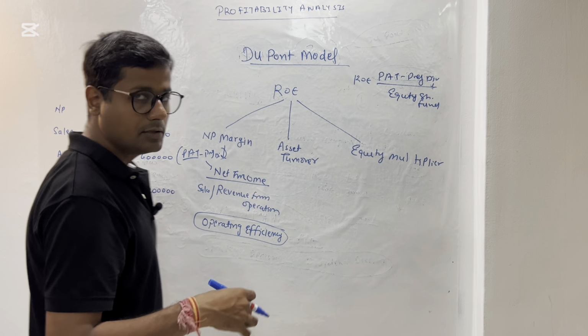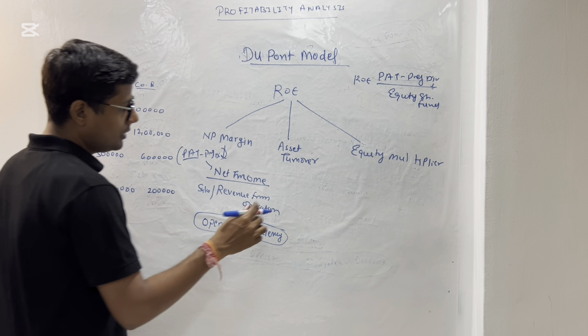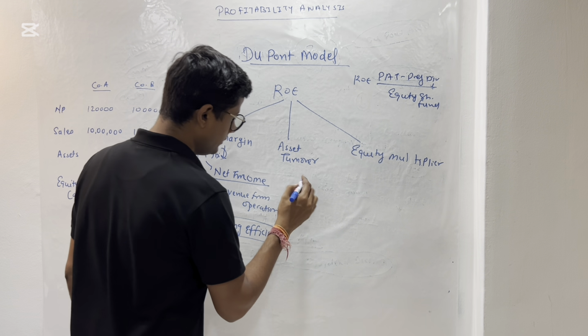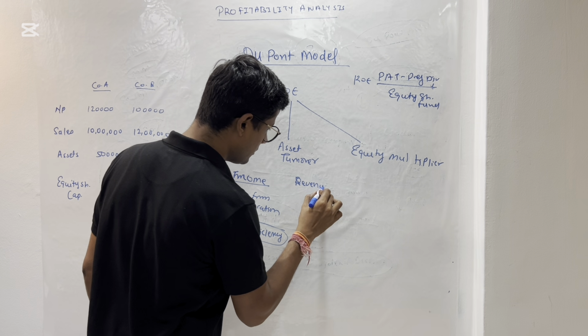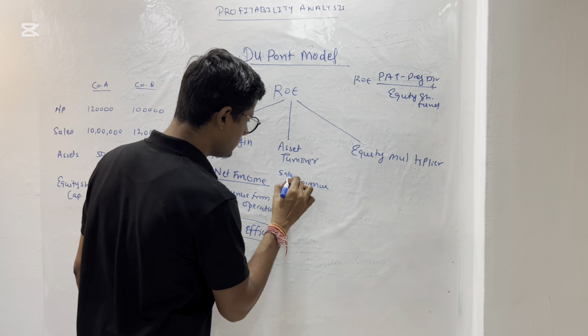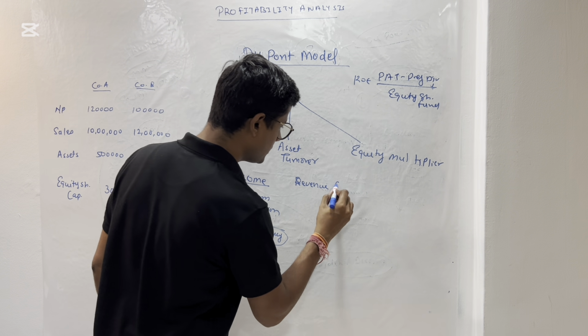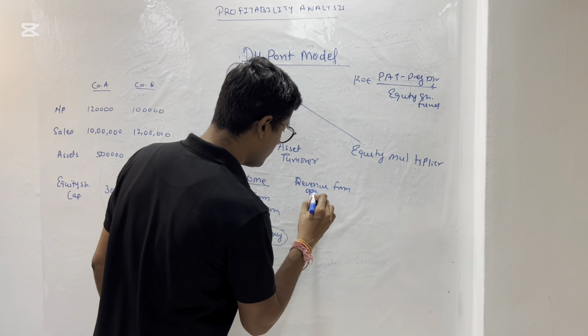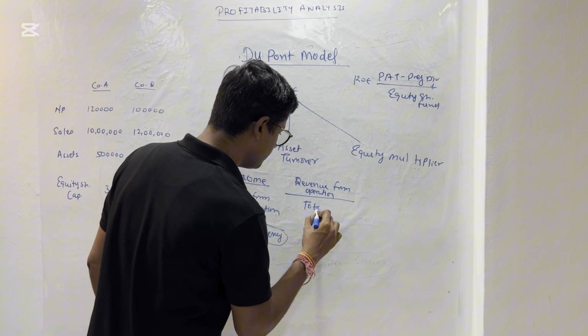Now let's go to asset turnover. What is asset turnover and what does it show? The asset turnover formula is revenue from operation divided by total asset.